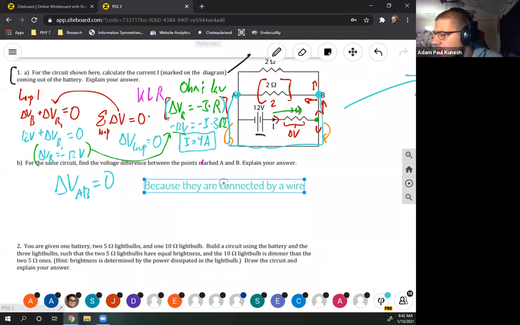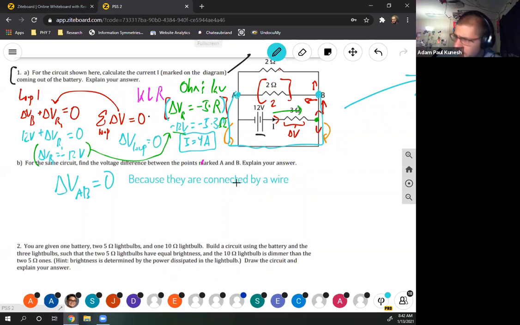Okay, so the implications of this are pretty significant. Notably, if the voltage difference between A and B is 0, if VA equals VB, then that tells me that the change in voltage across this resistor is 0, which by itself doesn't necessarily tell me that much about how the charge is flowing.